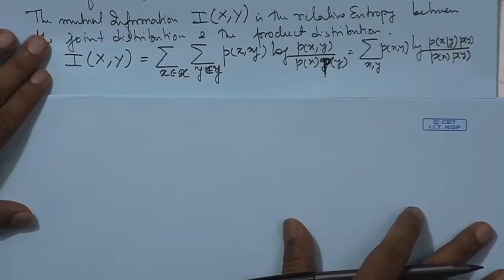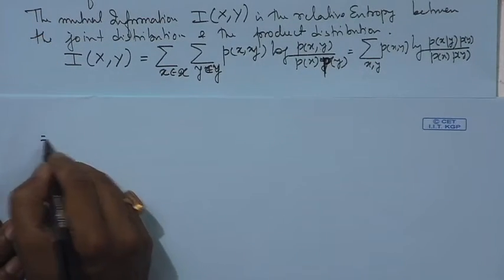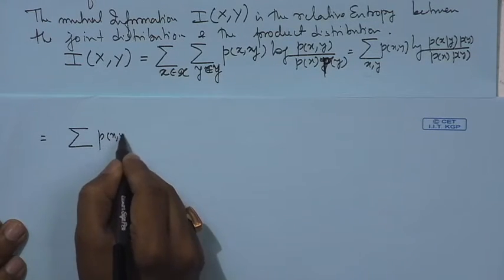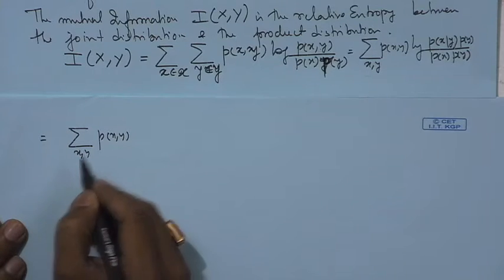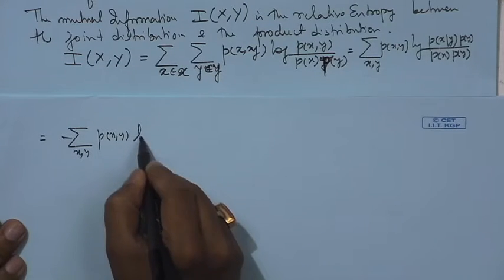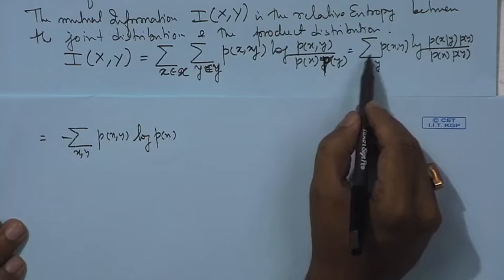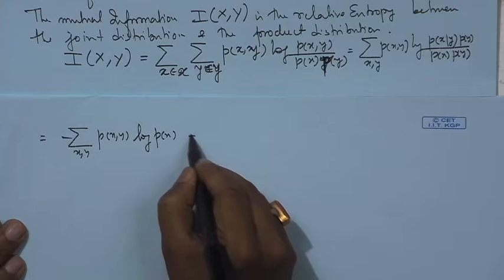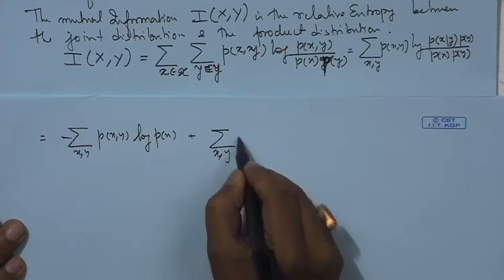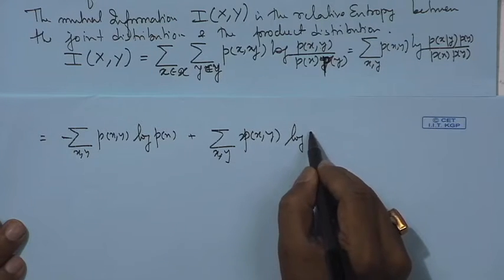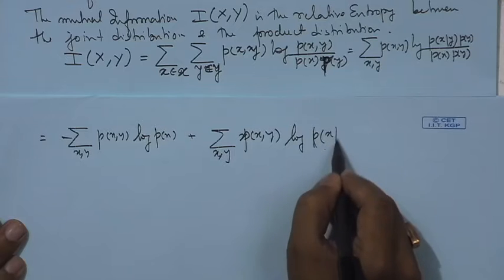So with that we could write this further as sum over all xy, pxy times, see, log px is in the denominator, so minus log px, plus sum over all xy p of xy times log of p of x given y.